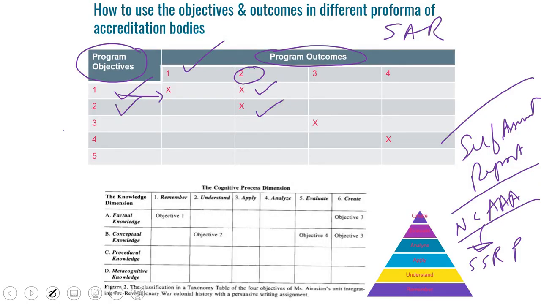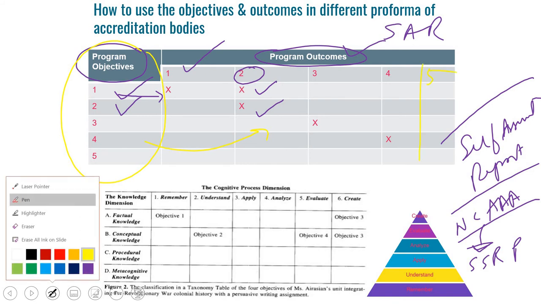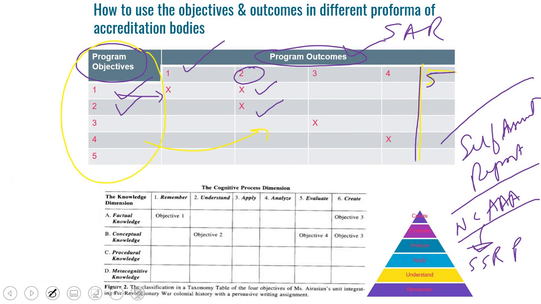So this is very important, especially once you will be plotting. Why is this important? It is a guide for the teacher and for the auditor, because at a certain level of a particular course file, sometimes we are given the outcomes, but the objectives framed by the concerned teachers are not encompassing a certain level of outcome. For example, if there is an outcome number 5, and this outcome number 5 is not being covered by any of the objectives.